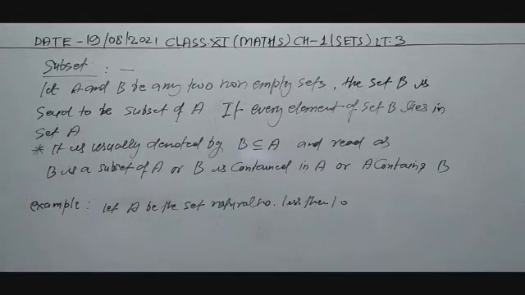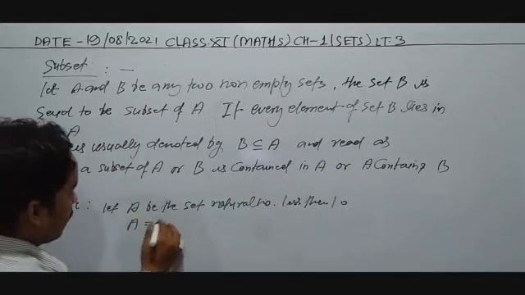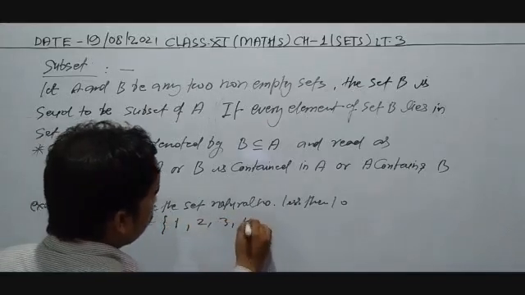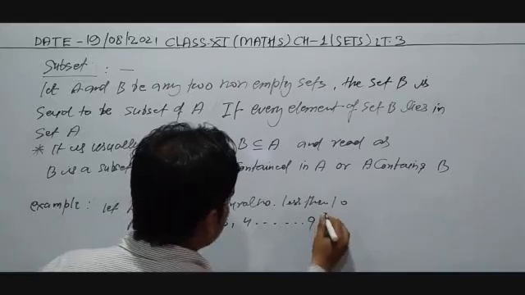This implies we can write A is equal to natural numbers 1, 2, 3, 4 up to 9.